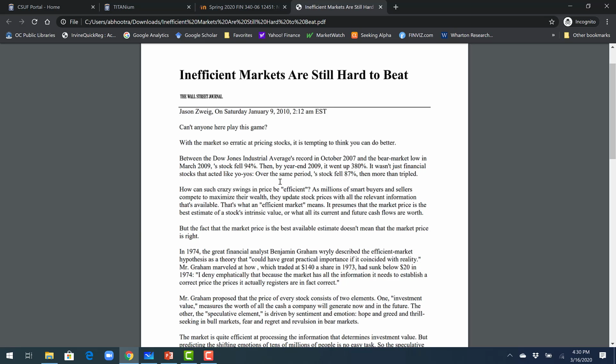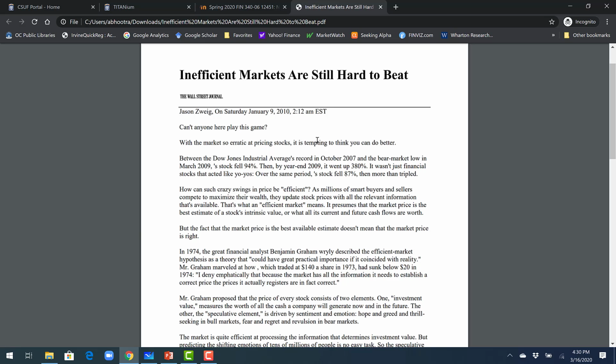For example, right now some investors might be thinking that this downturn has gone too far and maybe it's a good time to buy, but there's no guarantee that the markets would start recovering anytime soon. We can have further decline before the price goes up and before the market corrects. So it's very hard to time the market, right?